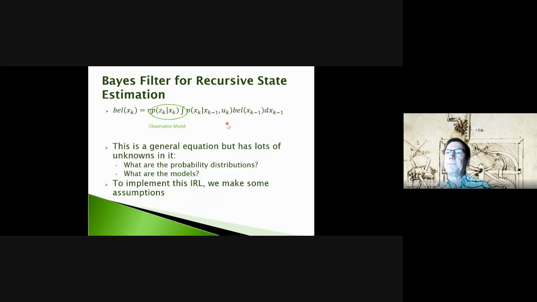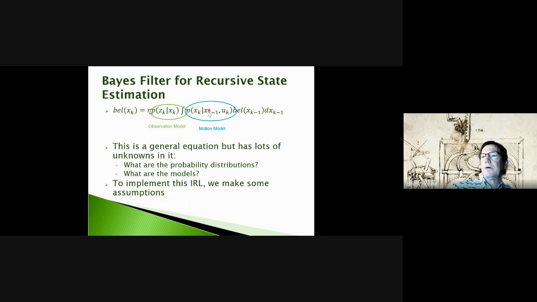This is our observation model, where z is our observation conditioned upon where we actually are. And this is our motion model.